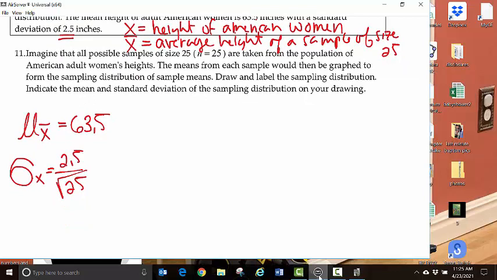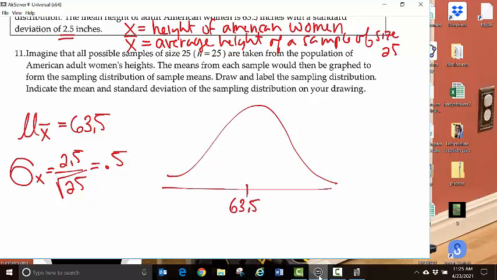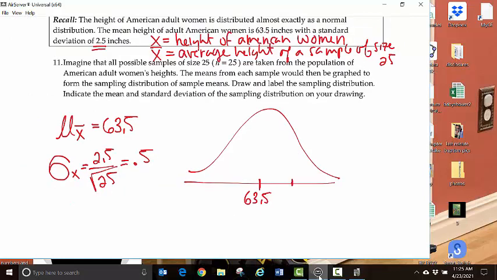And then it says now draw and label it. So 2.5 divided by the square root of 25 is 0.5. So our new picture is going to be centered at 63.5 with a standard deviation of a half.